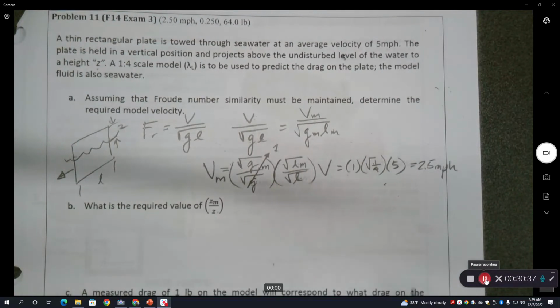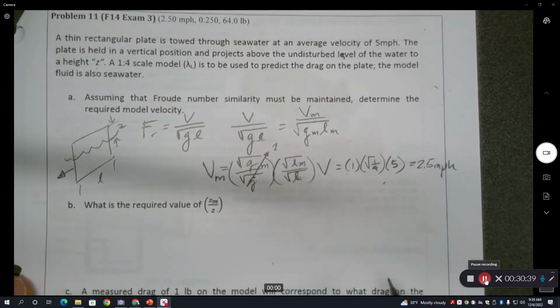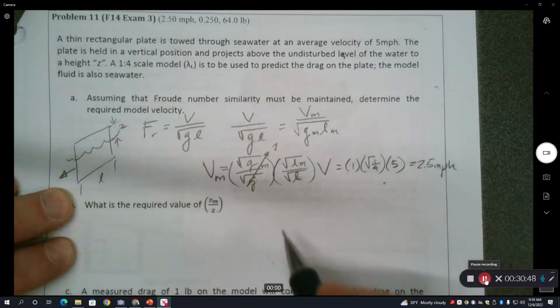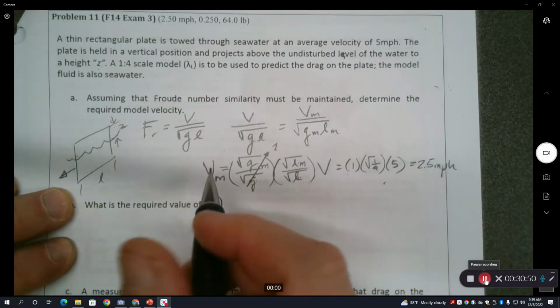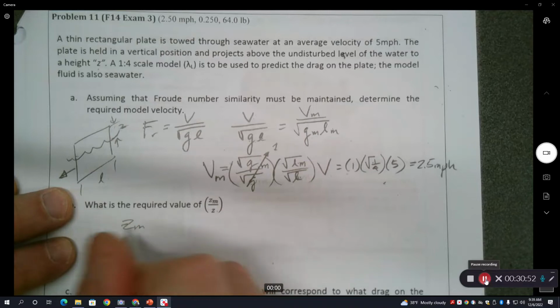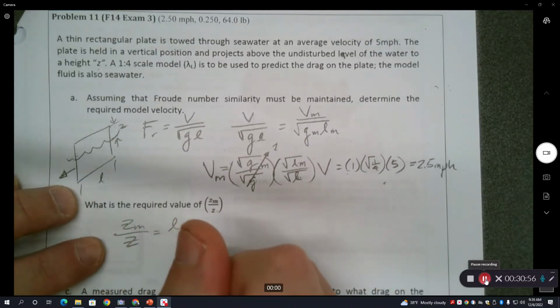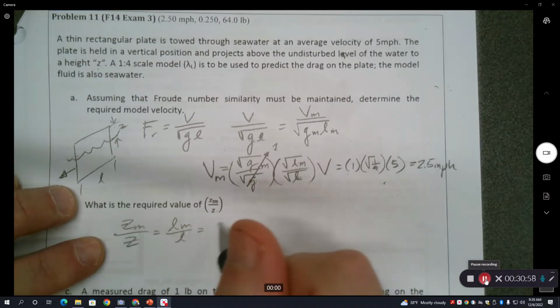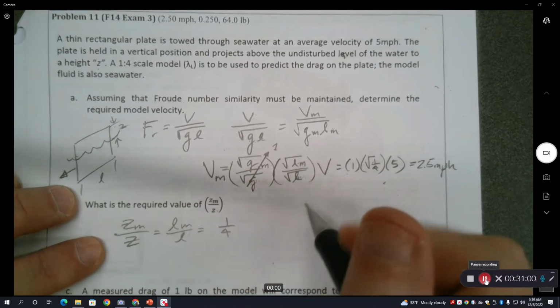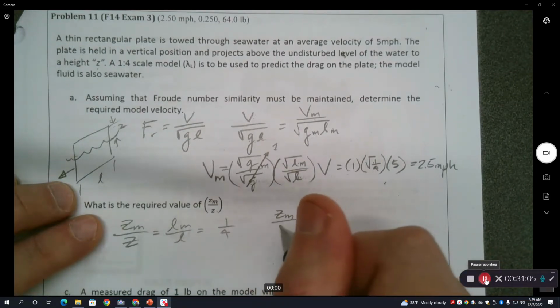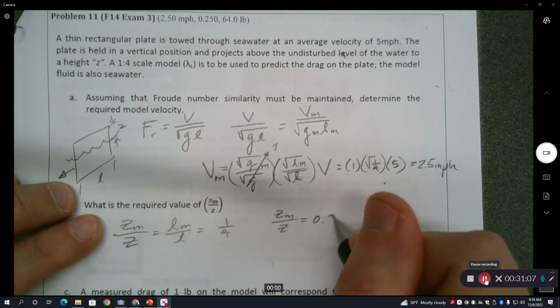If you're going to do a Buckingham Pi on this, you don't have to do anything. You just recognize that when doing a scale, the scale of the length is going to be the same as the scale of the Z. So Zm over Z is the same thing as Lm over L, which is the same thing as 1 over 4. So the answer to this is just 1/4.